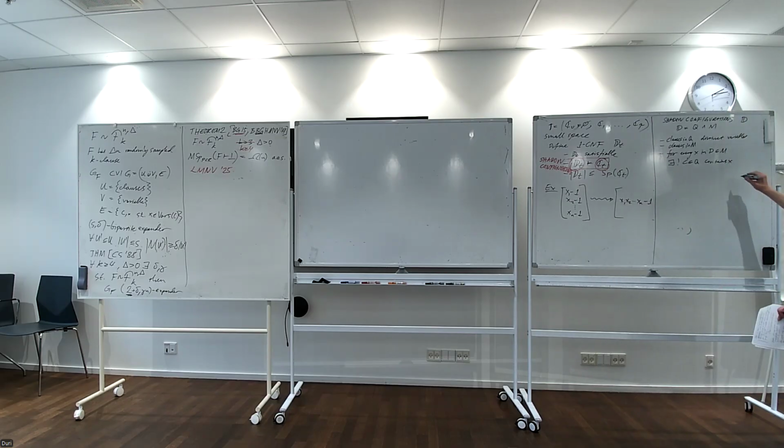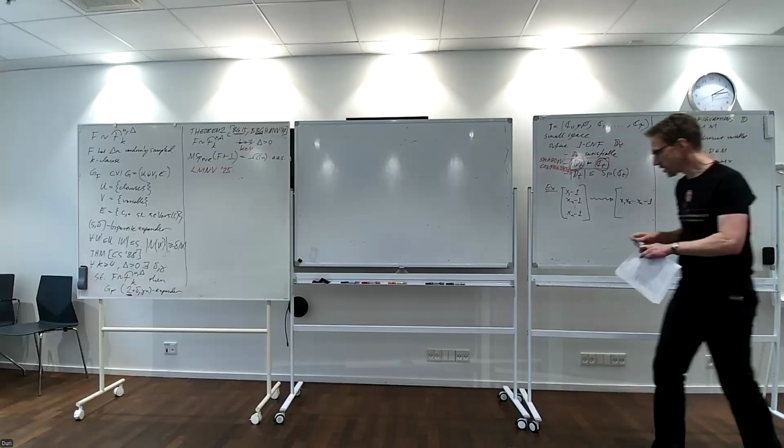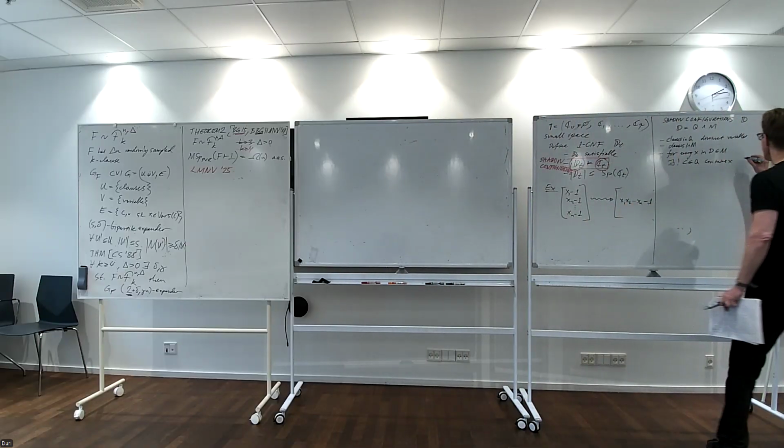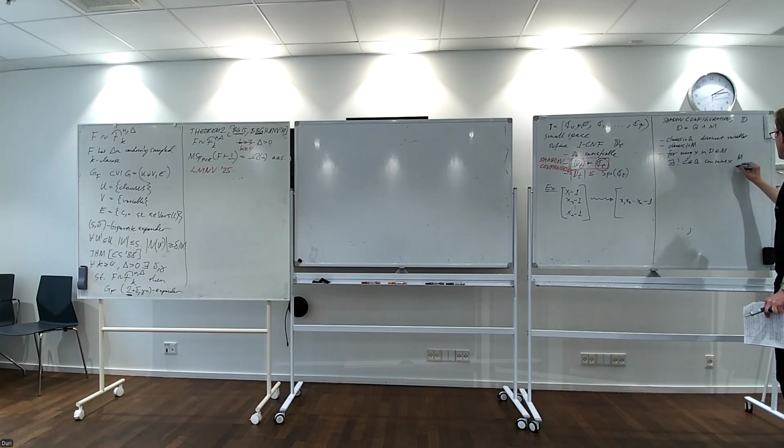So let me see if we can make a small picture here. So here is M, and we have maybe a clause X or Y here. Let me ignore the signs for now. We have maybe also Z or W. This is another clause.